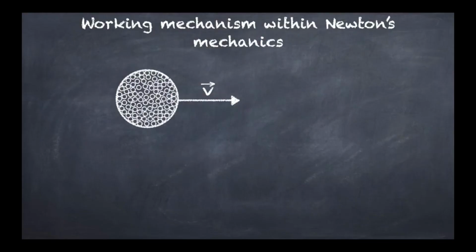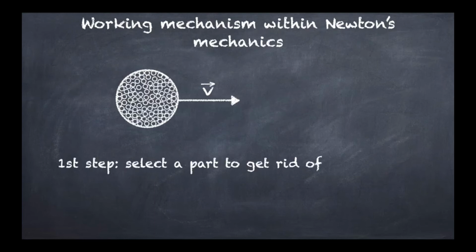To represent this, I've started with the object we were looking at, but now I fill this object with, let's say, detachable parts. And what we are going to do is basically set multiple stages to the mechanism. So first, you need to select a part to get rid of. For example, this one, highlighted in red.